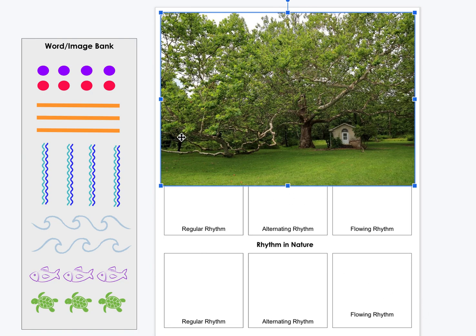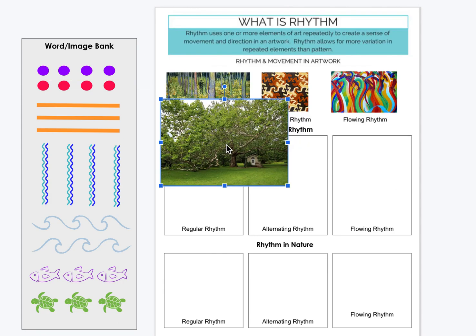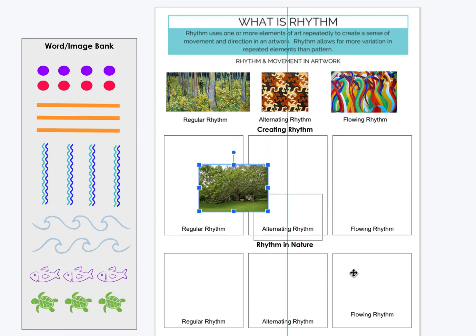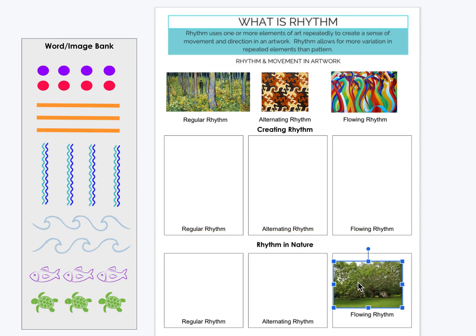Oh, there we go. See this one right here? How the branches are leading you through. Okay, it's flowing. It's just working your eyes. Flowing, by the way, you have a lot of little swirls. And I would place that into this one because that would be a flowing one, okay?